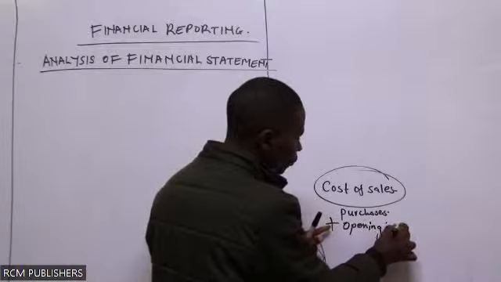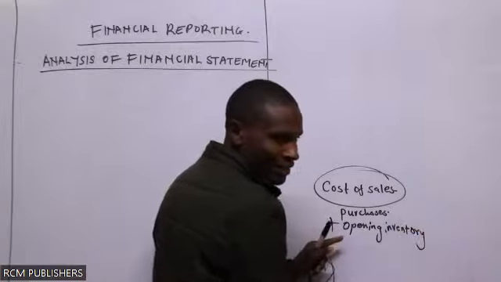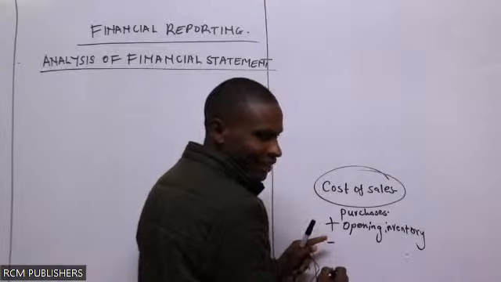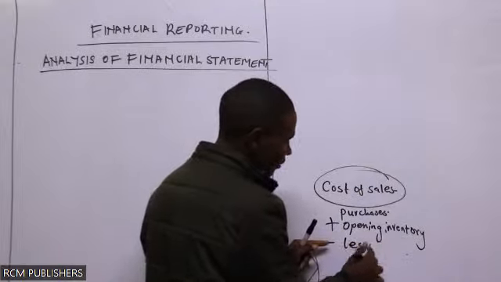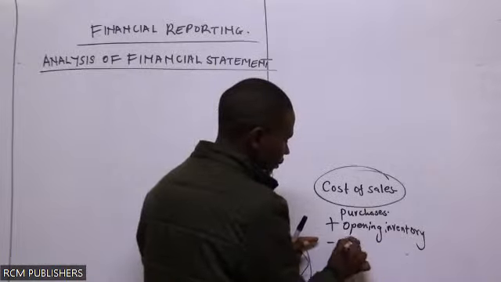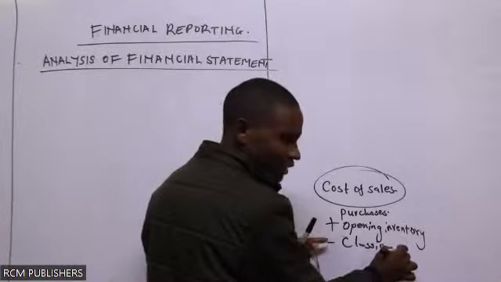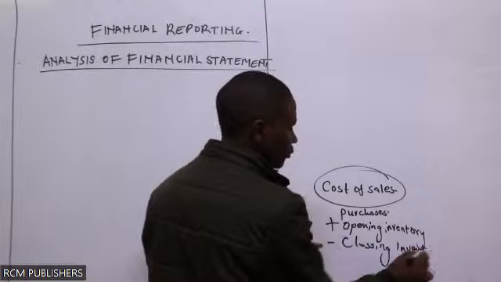Then we less what? Someone tell us, what do we less? Closing inventory, right? Let's just call it closing inventory. This is a very good item that you have given us.